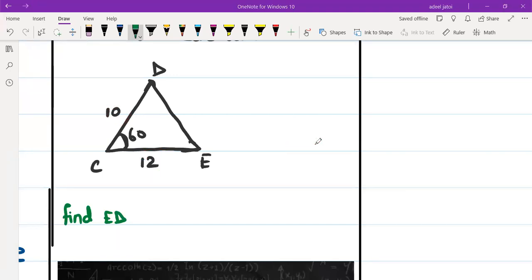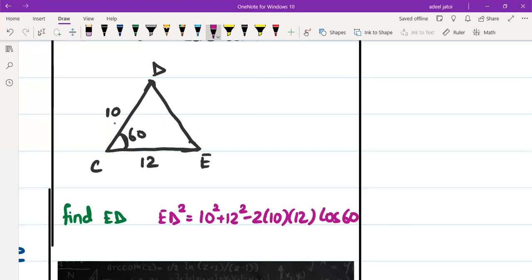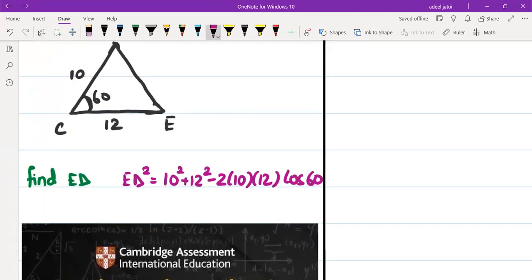Since we need to find ED, we'll write down ED square. The two sides which are 10 and 12, we write down as 10 square plus 12 square minus 2, 10, 12, and we write down this as cos 60. The only thing that we'll be doing is ED will be under root all the answers.